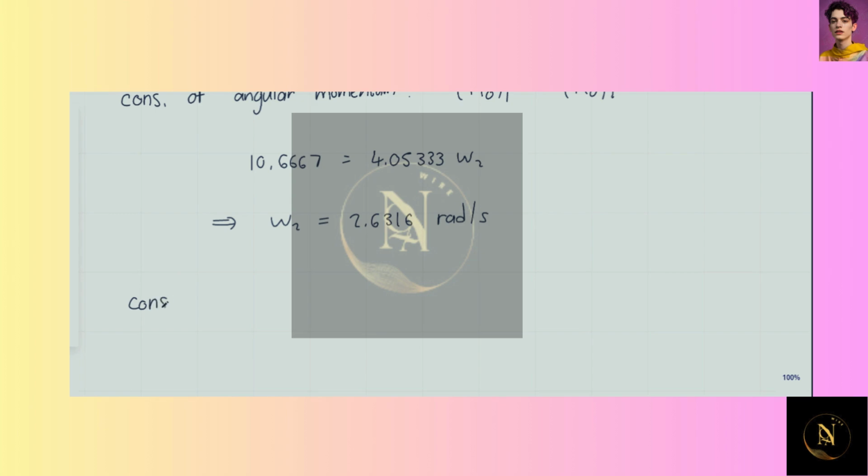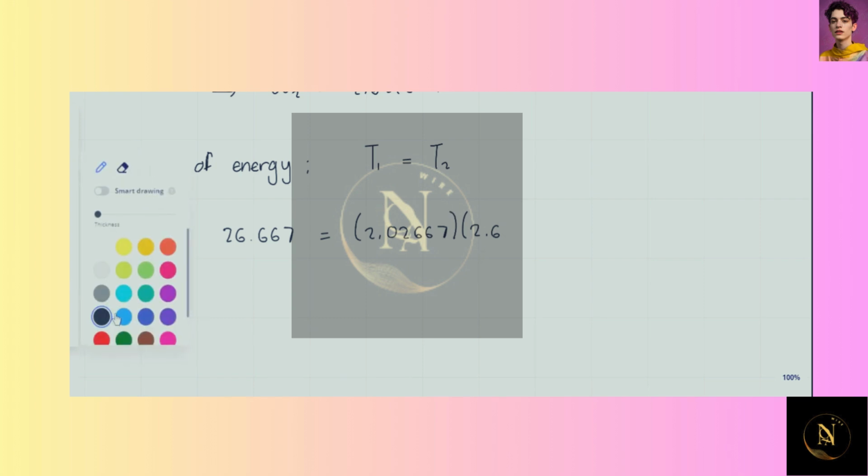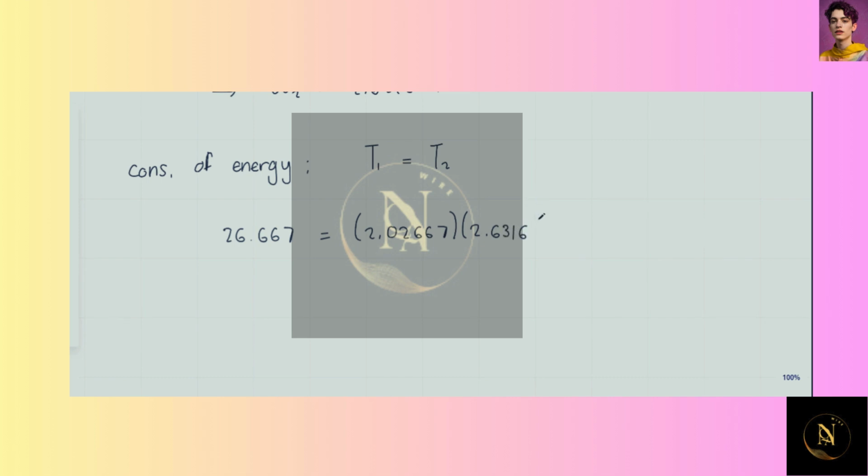And we calculated the kinetic energies before and after. So again, we must apply another conservation theorem, the conservation of energy. Conservation of energy tells us that T1 plus V1 must equal T2 plus V2. Since potential energies are 0, T1 is simply equal to T2. So in state 1, the kinetic energy was 26.667 joules, and this must equal the kinetic energy in state 2, 2.02667 multiplied by omega 2, which we calculated to be 2.6316 radians per second, squared, plus 2 VR squared.